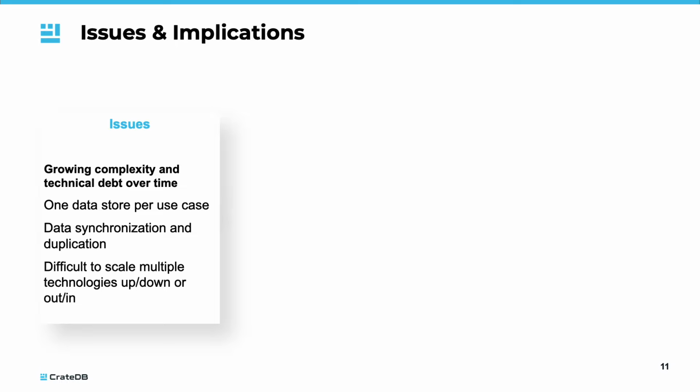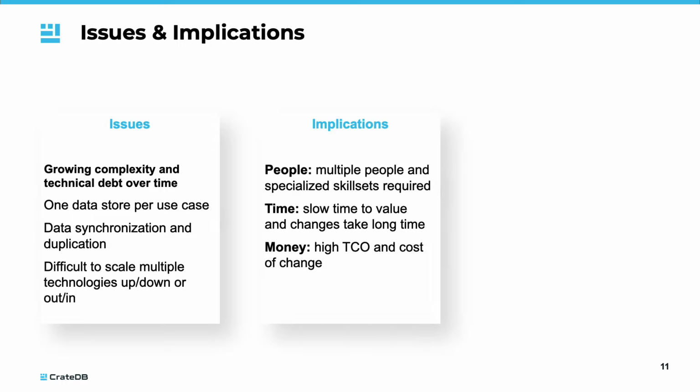Furthermore, scaling up and out multiple data stores can prove challenging, as traditional time series databases often falter under such demands. The result is an intricate application backend due to different languages and silos, which can be quite challenging to manage effectively. These issues have significant implications.